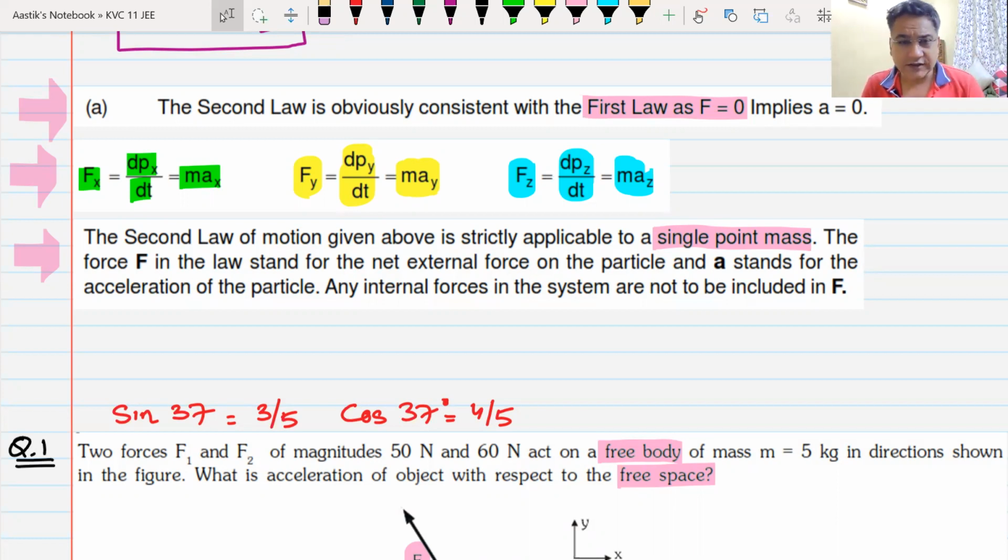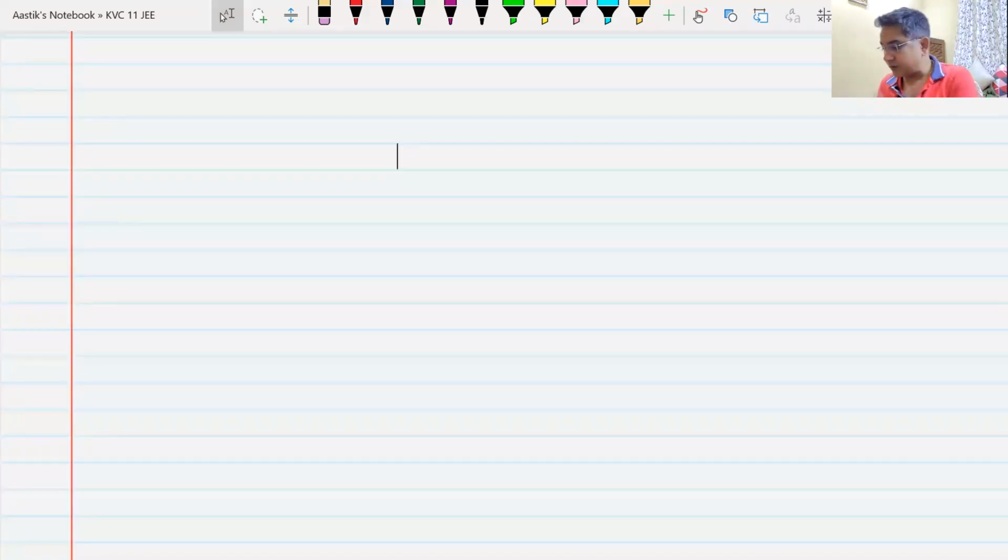We will follow those steps. Once you follow them once or twice, those steps will come automatically. And you can see these steps would be pretty similar to what we had done for the questions on equilibrium. So let us write first thing first. The first thing that we are going to write is the steps to solve problems on accelerated motion.